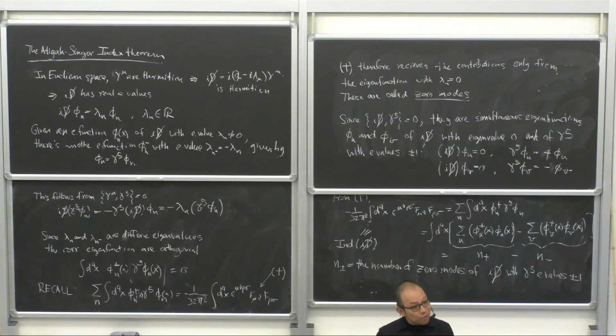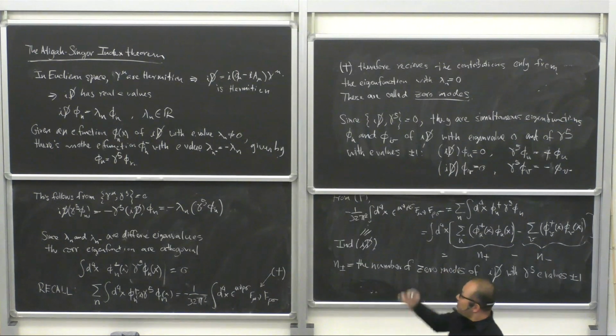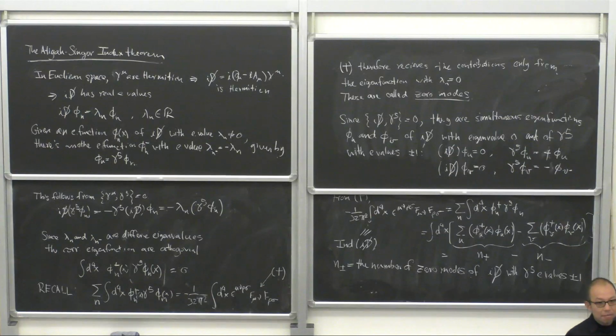It has a one loop effect, right? Do you call a one loop effect classical? I wouldn't call it classical. Okay, yes, this I agree. This is a topological quantity, yes.